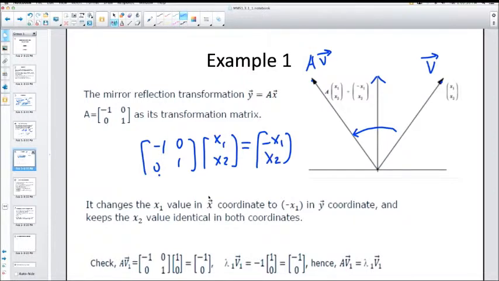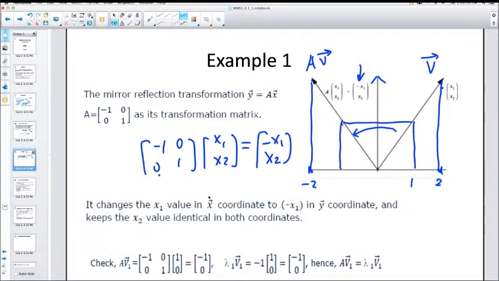Then you see you just need to switch the sign of the x coordinate. Look at it this way: if here is 2, then this is negative 2. If this is 1, then you get back negative 1. Now this point is the mirror reflection, so negative 1. That's the only change.